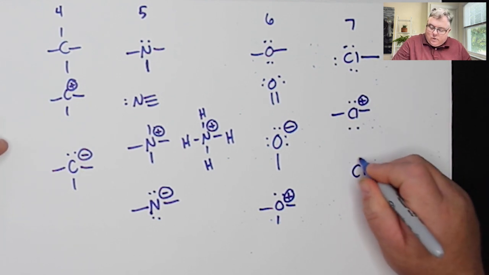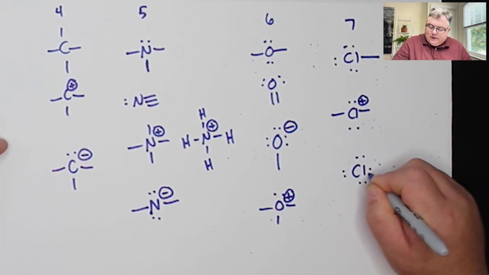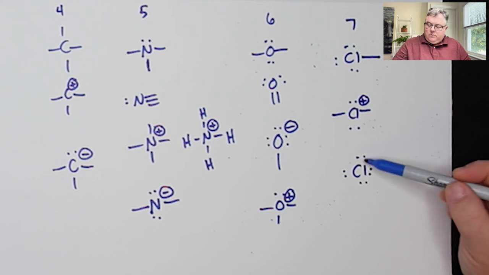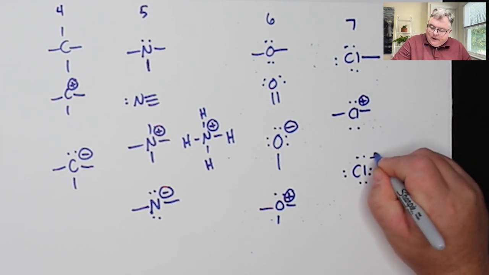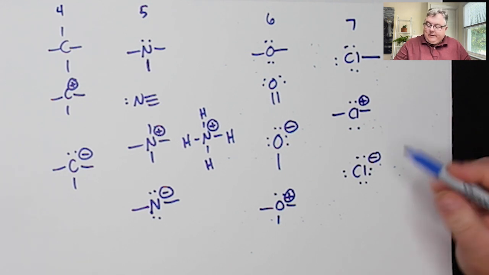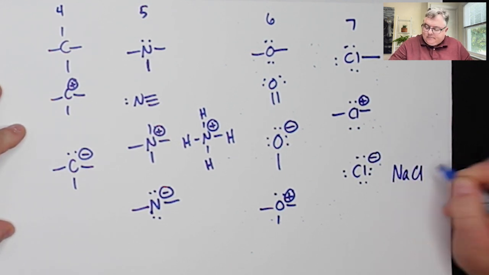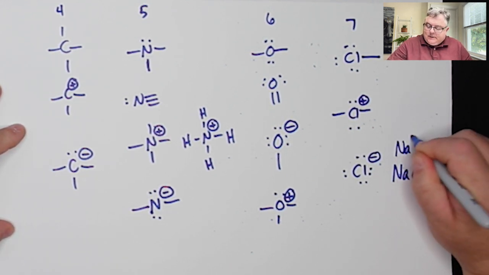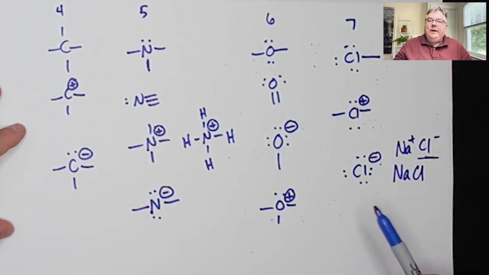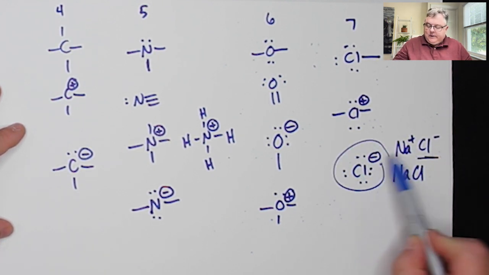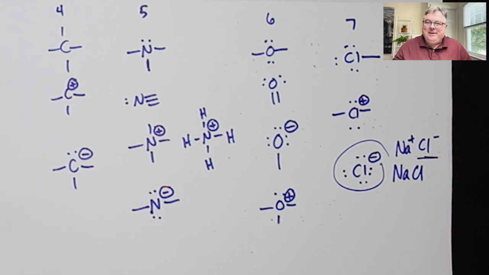How about a chlorine with no bonds? 2, 4, 6, 8 negative electrons around it. It wanted 7. It has an extra negative electron. And this is like sodium chloride. Na+, Cl-. This is why chloride has a negative charge. It has an extra negative electron around it.